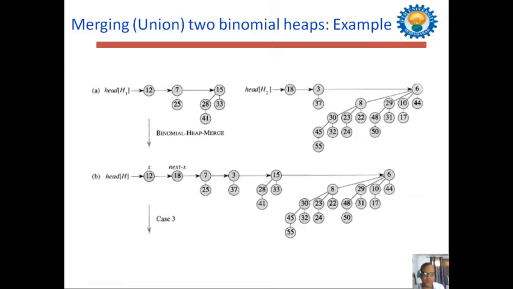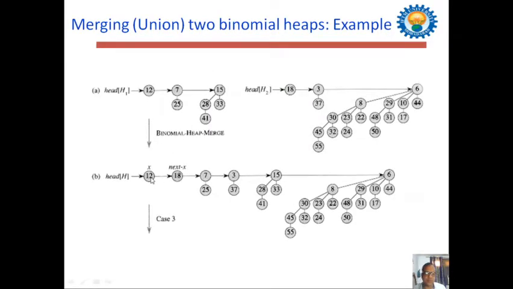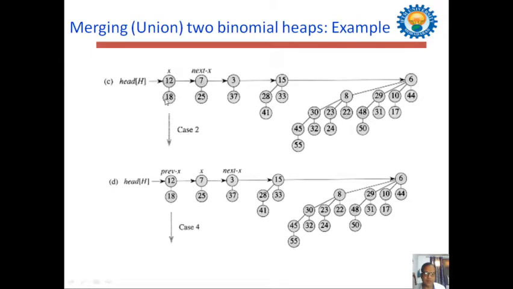So it is case 3. So what we will do here, we will check the key of x and key of next of x. Here key of next of x is greater than key of x. So 18 will become the leftmost child of x. Here we can see. Now this will become x and this is next of x. This is sibling of next of x.